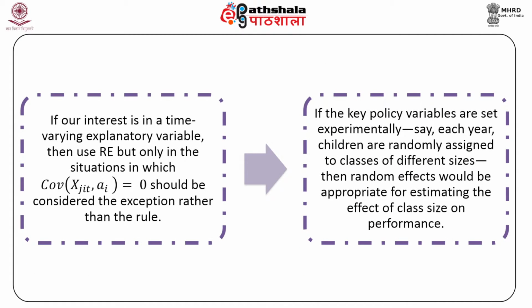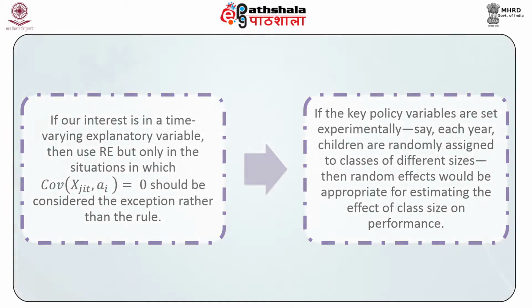If our interest is in a time-varying explanatory variable, then use random effects, but only in the situations in which the covariance between x_itj and a_i is equal to 0. This should be considered the exception rather than the rule. If the key policy variables are set experimentally, say each year children are randomly assigned to classes of different sizes, then random effects would be appropriate for estimating the effect of class size on performance.